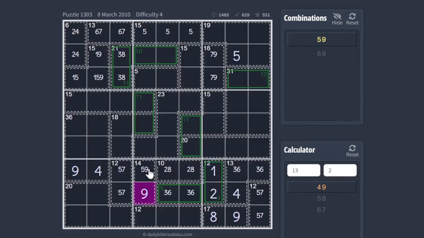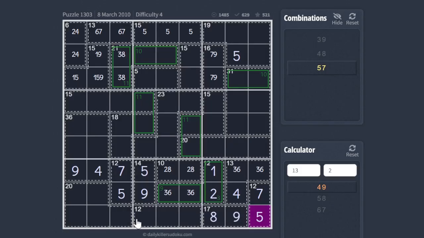So this is a 9 and this is a 5, which helps us resolve here that this is not a 5, this is a 7, and this is a 5, which makes this a 7 and this a 5. So there we've done a nice job of cleaning up some of these pairs that have not been resolved.